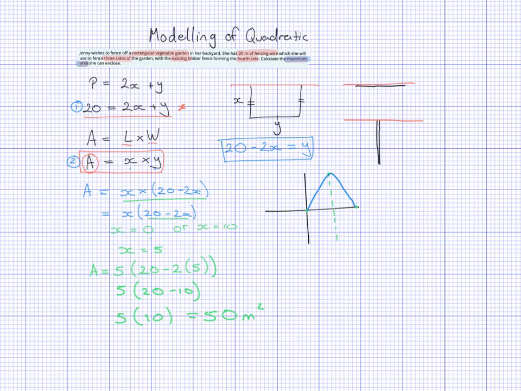Then we had to think logically through the problem and ask ourselves, where would I find the maximum? Maximums indicate turning points, so I need to find the turning point, which will be halfway between the two x-intercepts. The last step is to substitute the x value of the turning point into the equation to find out what the y value is going to be. We drew a graph just so we could see that the problem was linked to quadratics.